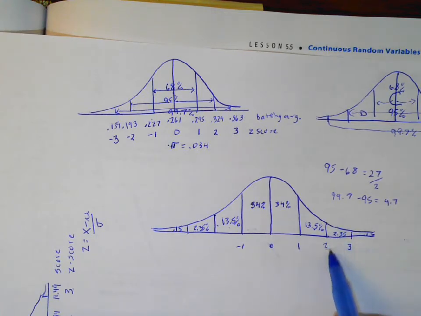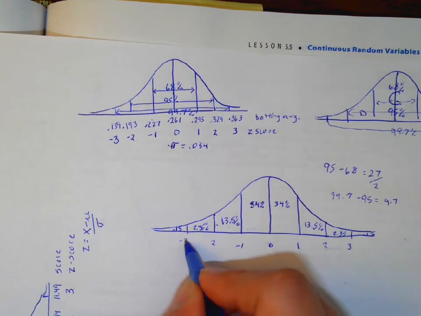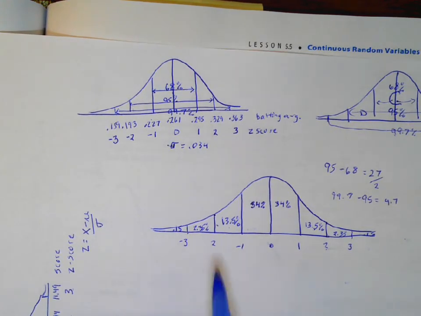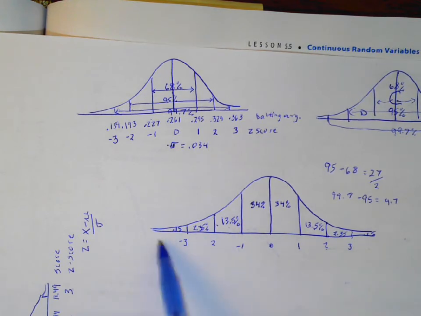If you have a z-score of 2 or more, you can see that there's not many people that fit into that category. And in some tests, to classify somebody, they score down in this area, a certain percentage. So it's how you do on certain tests.